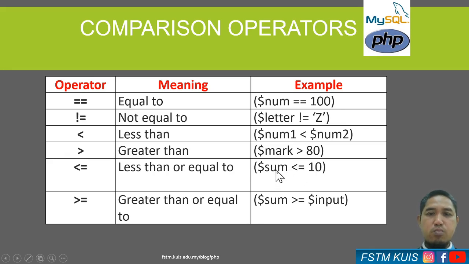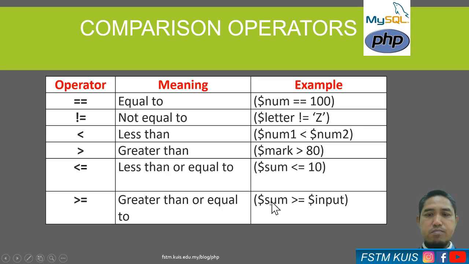So let's say you put 10 in sum, so sum is equal to 10, and it will provide the answer true. This other one is similar to less than: greater than or equal to.